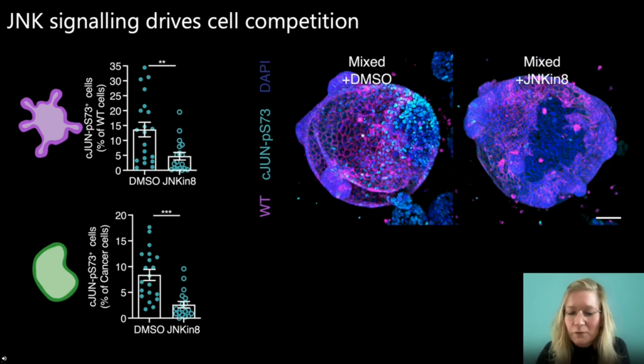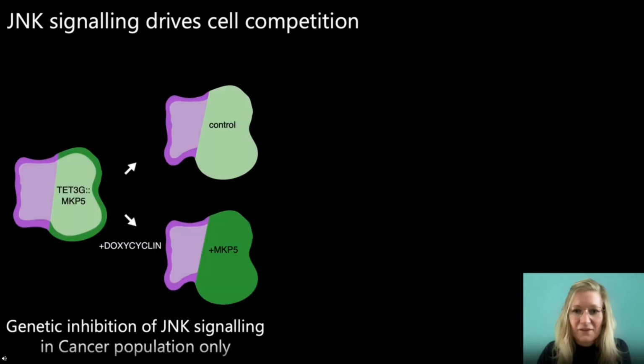And therefore, with an experiment like this, we are unable to untangle in which of these cell populations JNK activation is involved. So therefore, we designed a method that we can use to specifically inhibit JNK signaling in individual cell populations. And what we decided to do is use inducible expression of a phosphatase that can inhibit the JNK kinase, known as MKP5 or DUSP10.